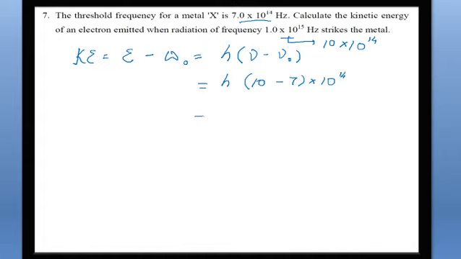The question is pretty simple. 6.63 into 10 to the power minus 34 into 3 into 10 to the power 14.